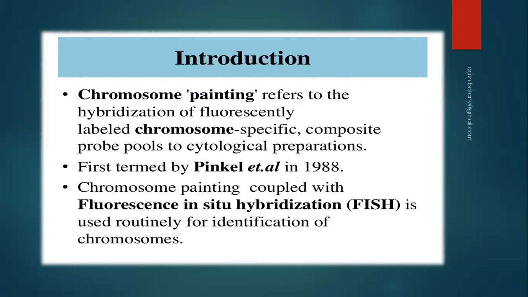FISH, or fluorescence in situ hybridization, is a cytological technique based on genetics that was developed by biomedical researchers in the early 1980s, and it is mainly used to detect the location of a specific DNA sequence as well as the absence of the specific DNA sequence.